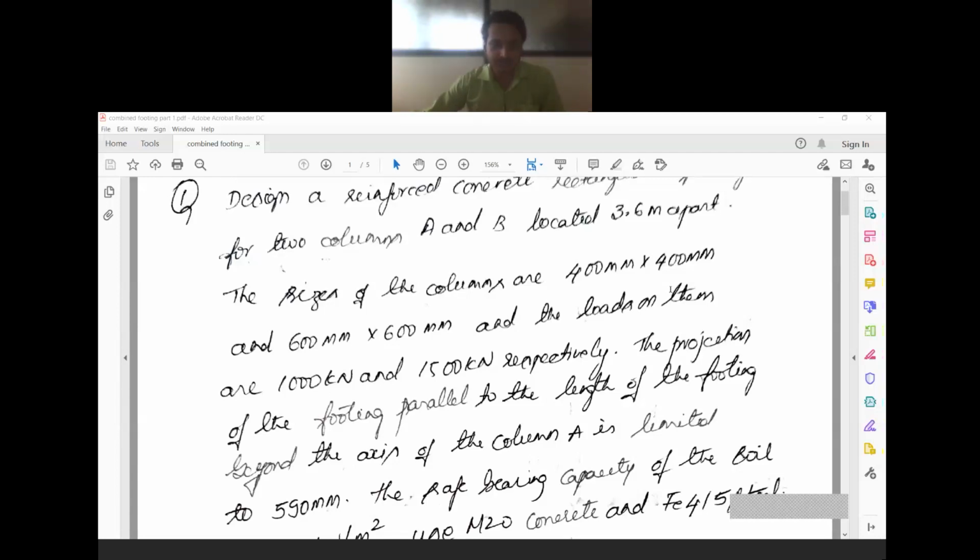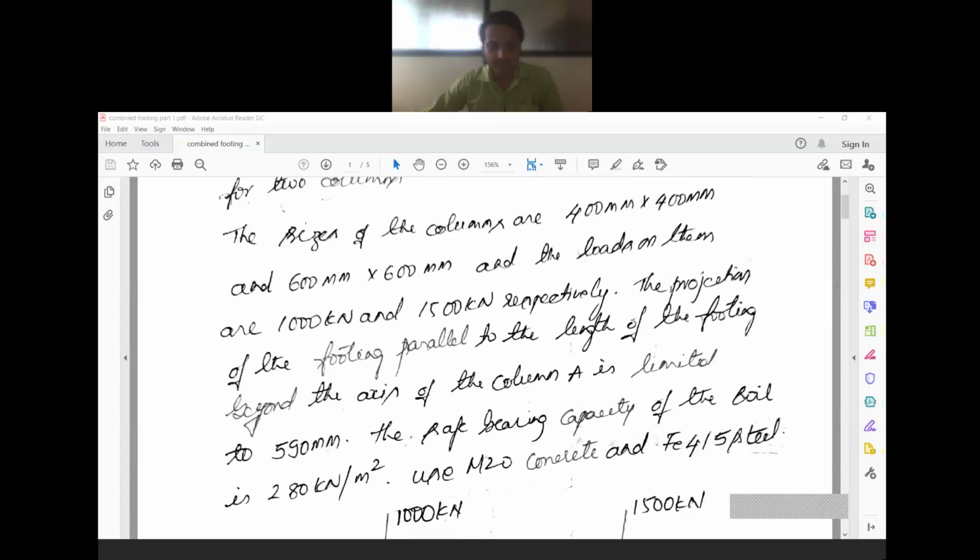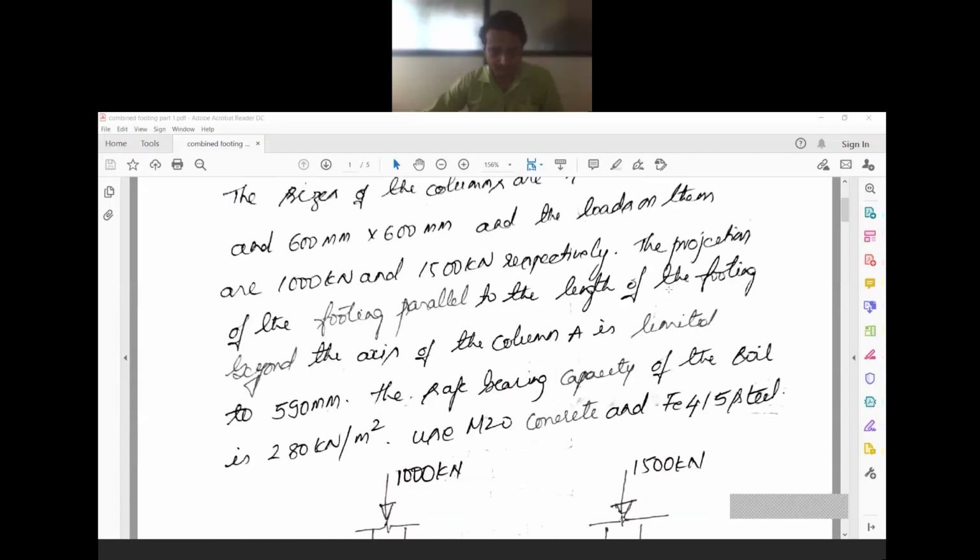The projection of the footing parallel to the length of the footing beyond the axis of the column A is limited to 590 mm. The safe bearing capacity of the soil is 280 kilonewton per meter square. Use M20 concrete and Fe415 steel. So this is what the question reads.